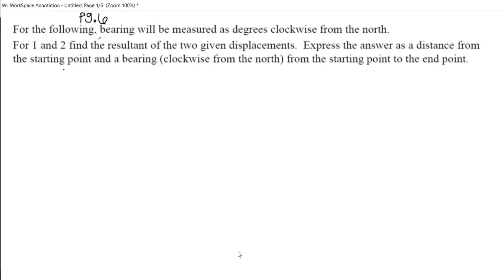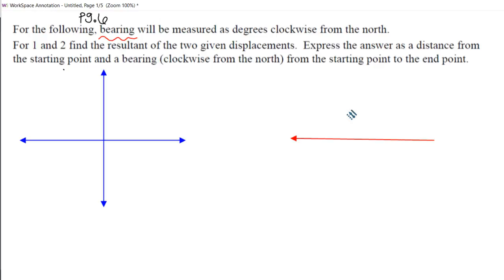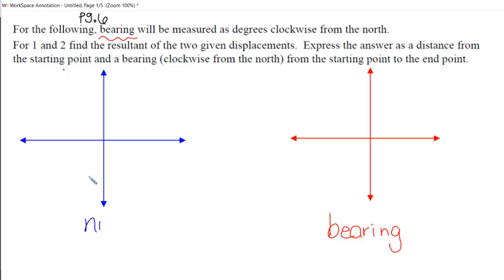Let me explain. Do you guys remember doing the regular vectors? So this is my regular one, and the one in red that I'm going to draw would be our bearing one. So let's go ahead and see what that means. This is our bearing, and the one in blue will be our normal.